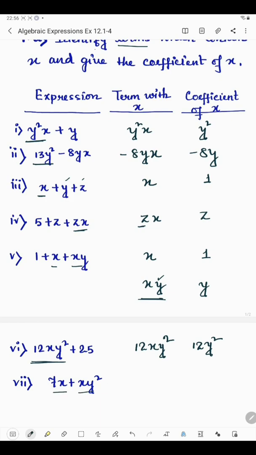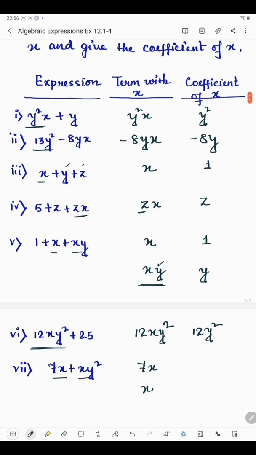In both terms x is present, so we'll write both terms at first. The coefficient of x in 7x will be 7, and the coefficient of x in the term xy square will be y square, because we leave x and take the one which is with x. So it is y square.